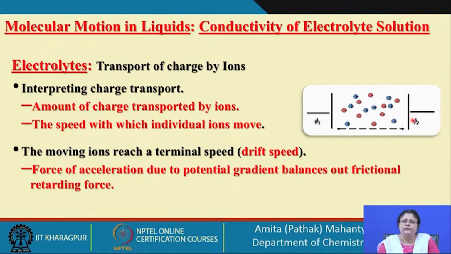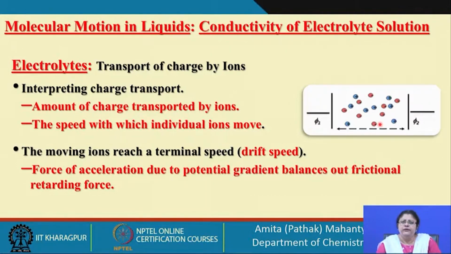So, we have two types of forces acting on it. One is the force which is accelerating the ions, one type of ion trying to move to one type of electrode and another type of ion moving to the opposite electrode. This is the driving force, and it is what is going to accelerate the particle.